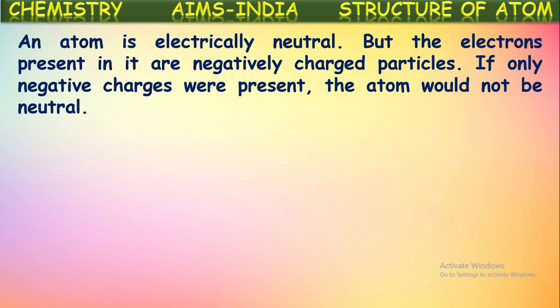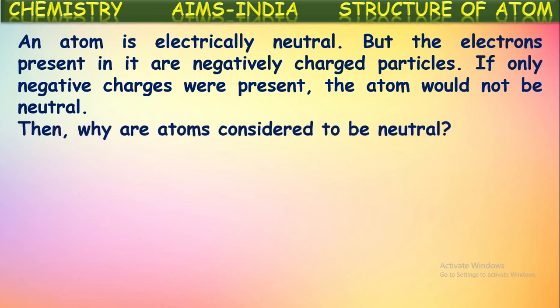At the start it was proved that atoms are electrically neutral, but later they discovered particles inside the atom with negative charge, that is cathode rays. If there are only these negatively charged particles inside the atom, atoms should have a negative charge. But atoms are electrically neutral.